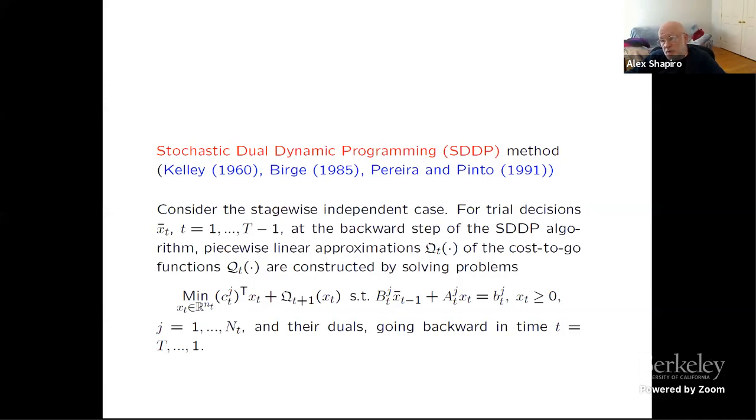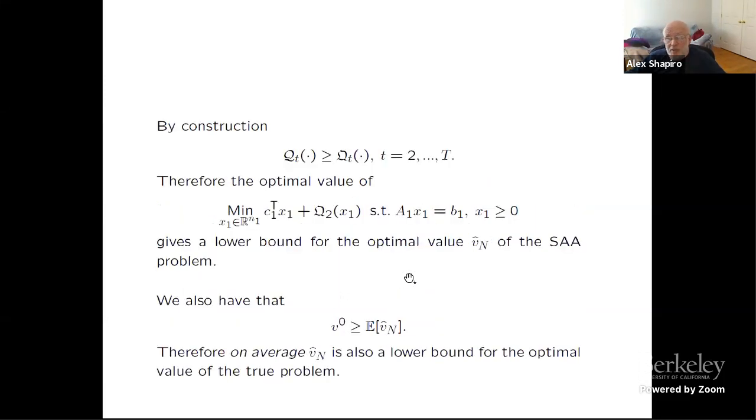It's a good question. One possible approach is the following. First of all, let's see that this is the so-called true cost-to-go function, right? This is a lower approximation by construction. And this is a piecewise linear function, the maximum of affine functions. Okay?